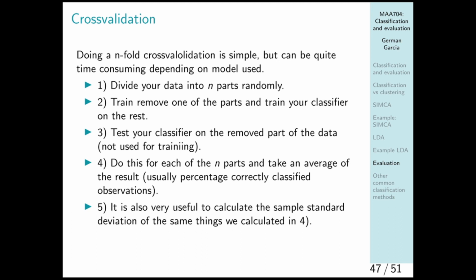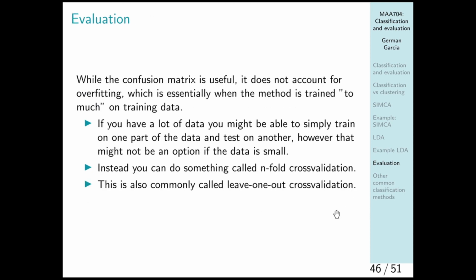Now, it's also very useful to calculate the sample standard deviation of the same things you calculate in step 4, as it will give us more information. But basically what we do is separate into n parts, take one out, train on the rest, test on the removed one, and we do the same for all the observations. That can be a really powerful tool if you're feeling that your model is actually overfitting.